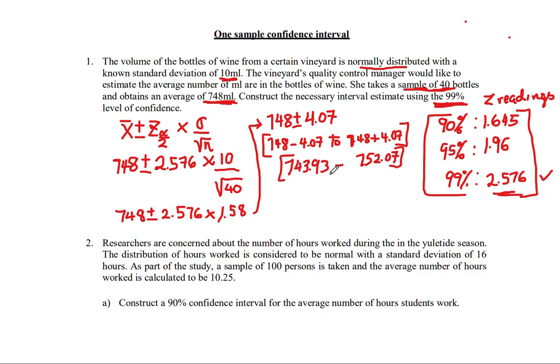Our answer, which is the confidence interval, is 743.93 to 752.07.